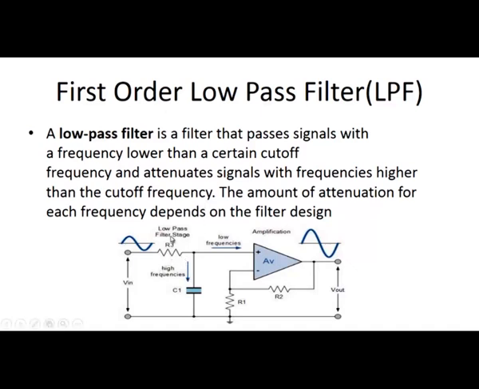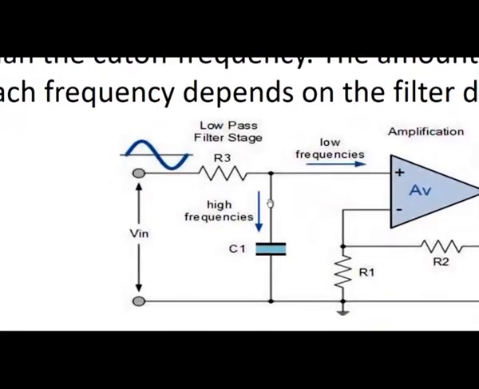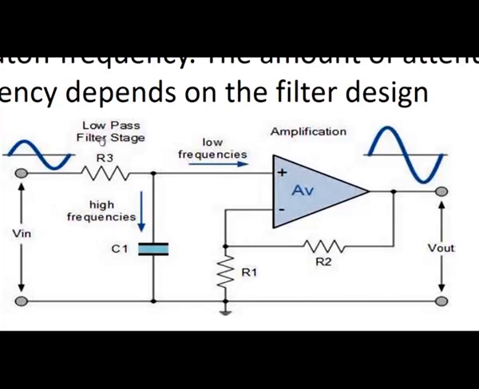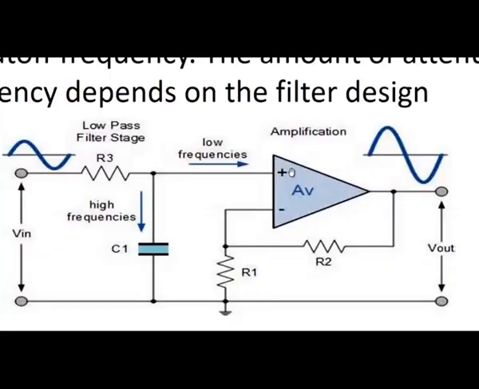If you look at the circuit, it has the low pass filter stage as R and C. This is the combination of R and C for the low pass filter stage, and the voltage across this capacitor is the input given to the positive terminal of the operational amplifier. Since it is a non-inverting configuration, the gain of the amplifier is 1 plus the feedback resistance divided by the input resistance. So, it is 1 plus R2 by R1.